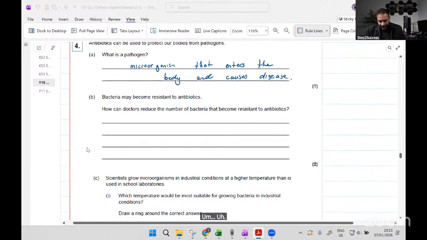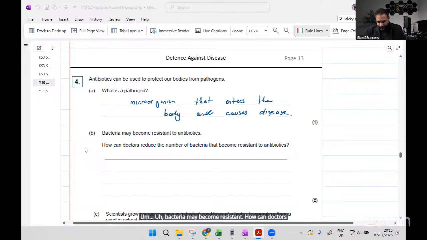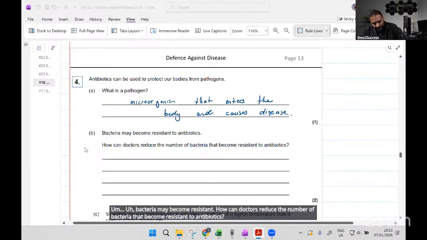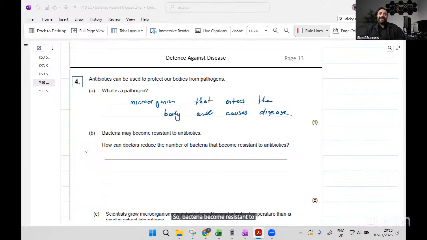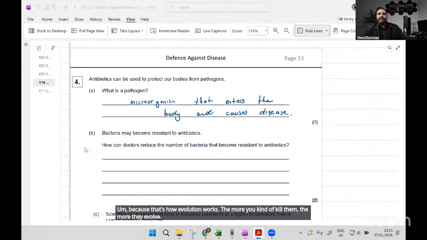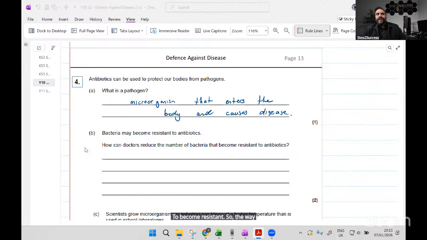Bacteria may become resistant. How can doctors reduce the number of bacteria that become resistant to antibiotics? Bacteria become resistant to antibiotics if we overuse antibiotics, because that's how evolution works. The more you kill them, the more they evolve to become resistant. So the way doctors can reduce it is avoid over prescribing them. Let's put it this way, don't prescribe for minor illnesses.